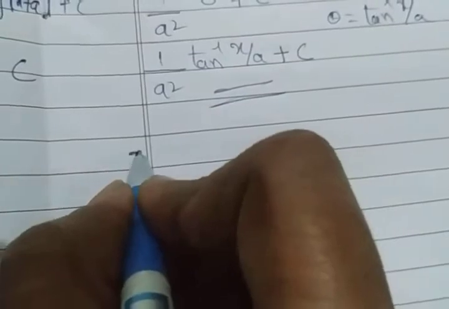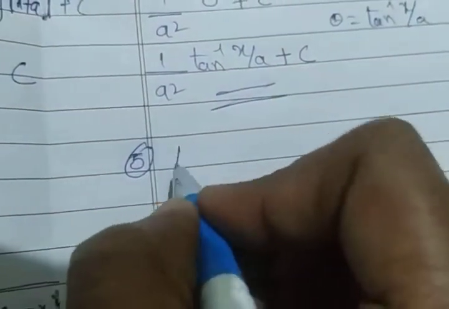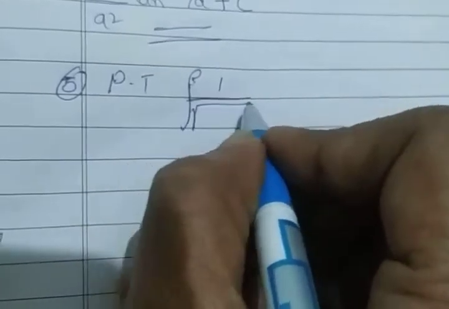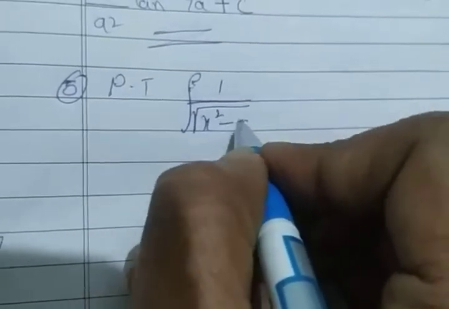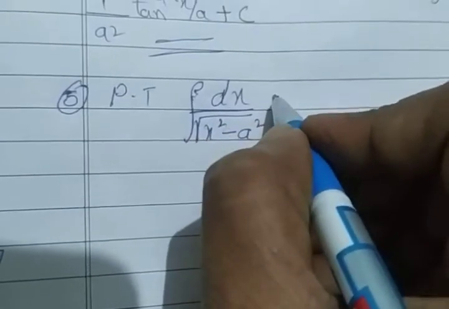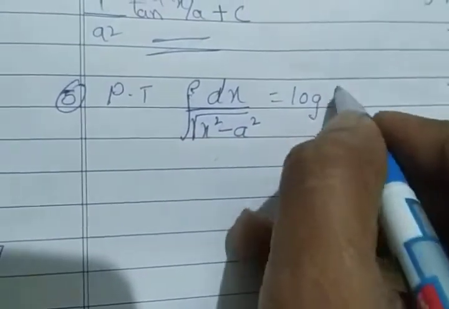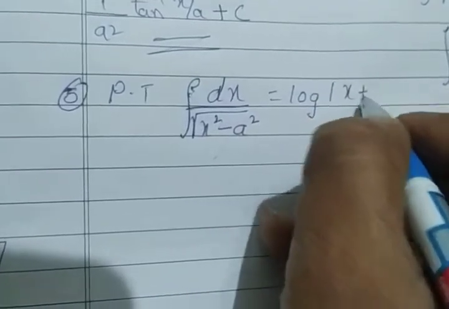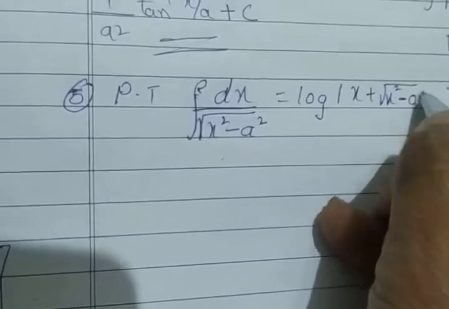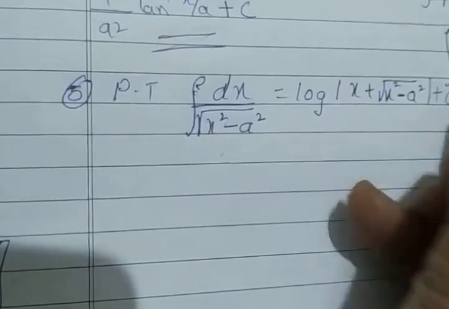Next identity, that is the fifth identity. Prove that integral of 1 by root of x square minus a square dx is equal to log of x plus root of x square minus a square plus c.